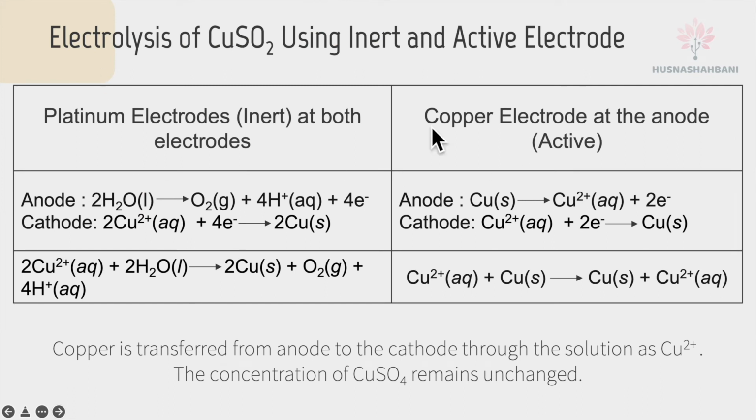Okay, now comparison between inert and active electrode. If both electrodes are inert, for example in the electrolysis of copper sulfate aqueous solution, in the electrolysis, at the anode water will be chosen, at the cathode Cu2 plus will be chosen. These two depend on the electrode potential value.